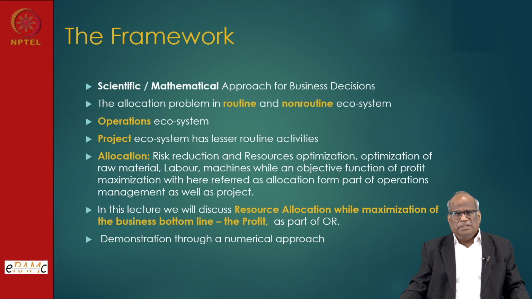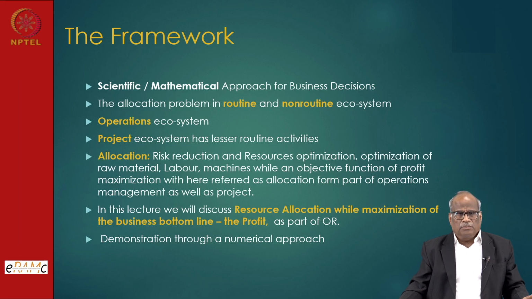Allocation is nothing but risk reduction and risk optimization of raw material, labor, and machine, while the objective function is of the profit, if we use maximization. So optimization might mean maximization, that is profit, or minimizing the risk.